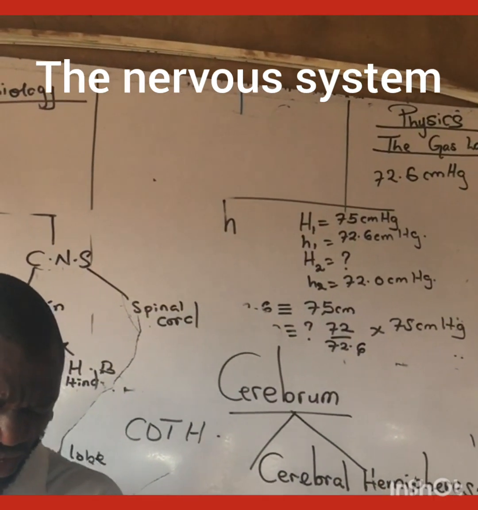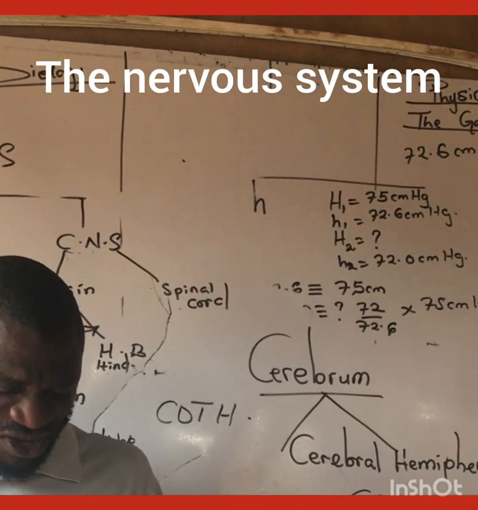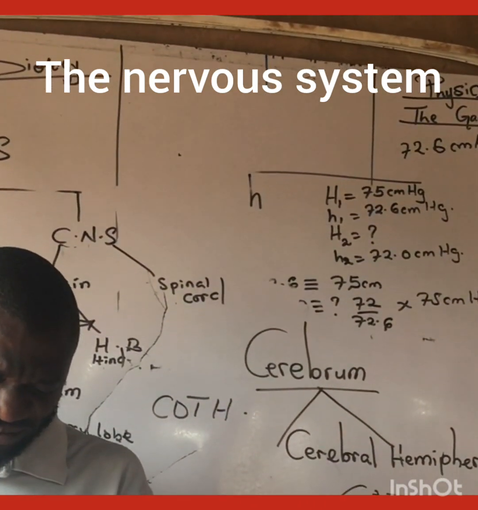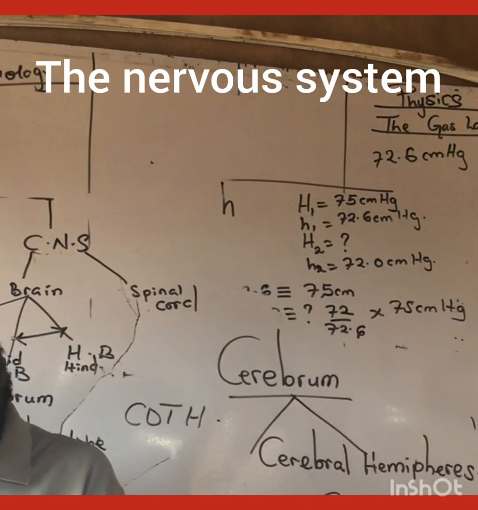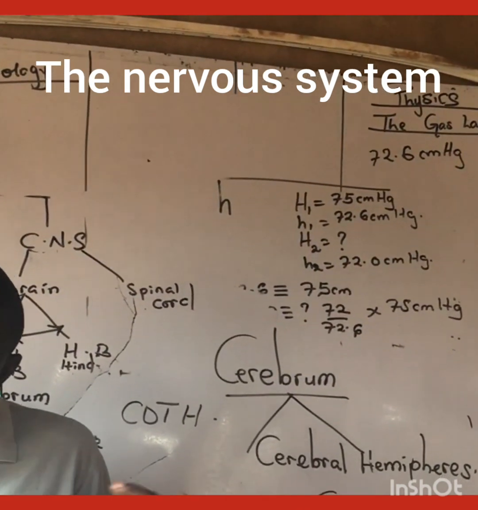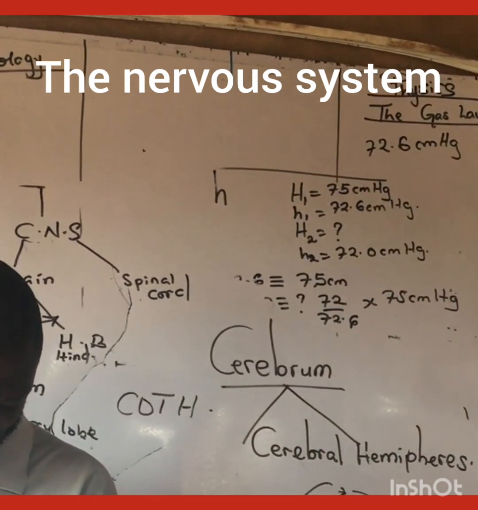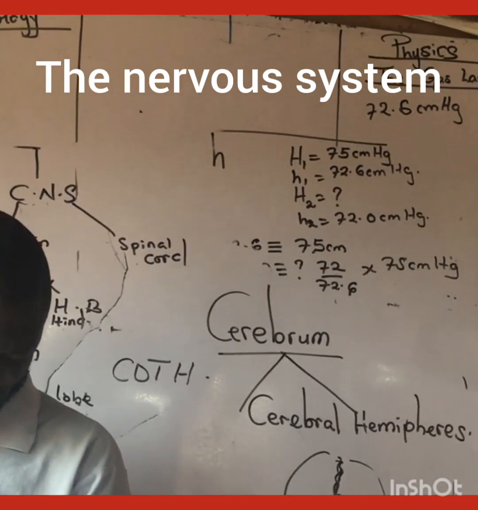Then, still on the structure, we have the outer surface of the cerebrum. That outer surface is known as what? Gray matter, or cerebral cortex. You are not writing. Gray matter or cerebral cortex.